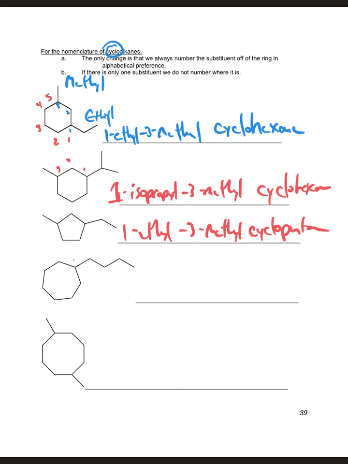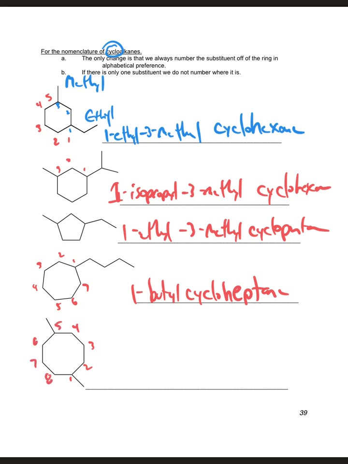The next one, 1, 2, 3, 4, 5, 6, 7, would be a 1 butyl cycloheptane. And the last one, 2, 3, 4, 5, 6, 7, 8.